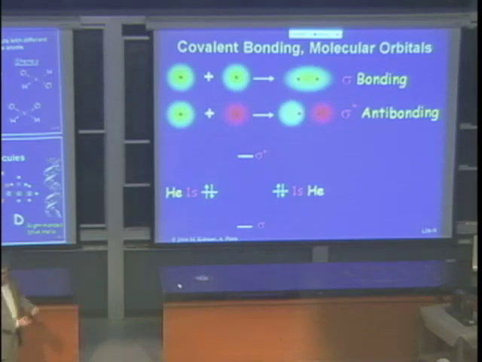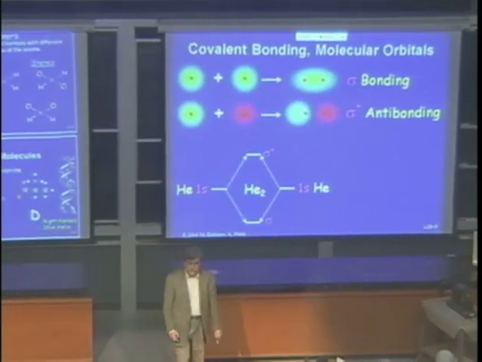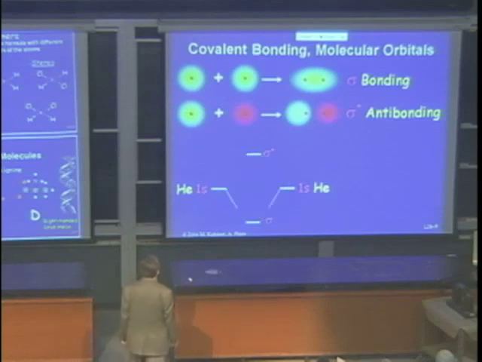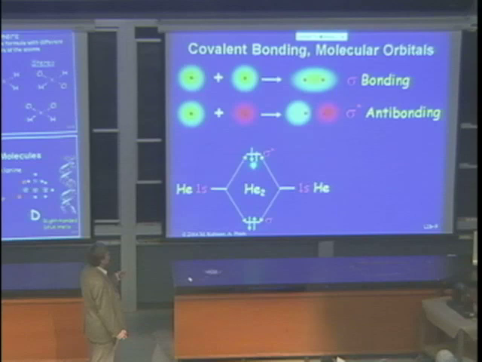So we form a bonding orbital. We are still at the 1s, so it has to look like this: a bonding sigma orbital, and an anti-bonding sigma star orbital. Now we're going to fill the electrons in there. There were 2 on each side. So we can fill in 2 here, and we have to fill in 2 here.